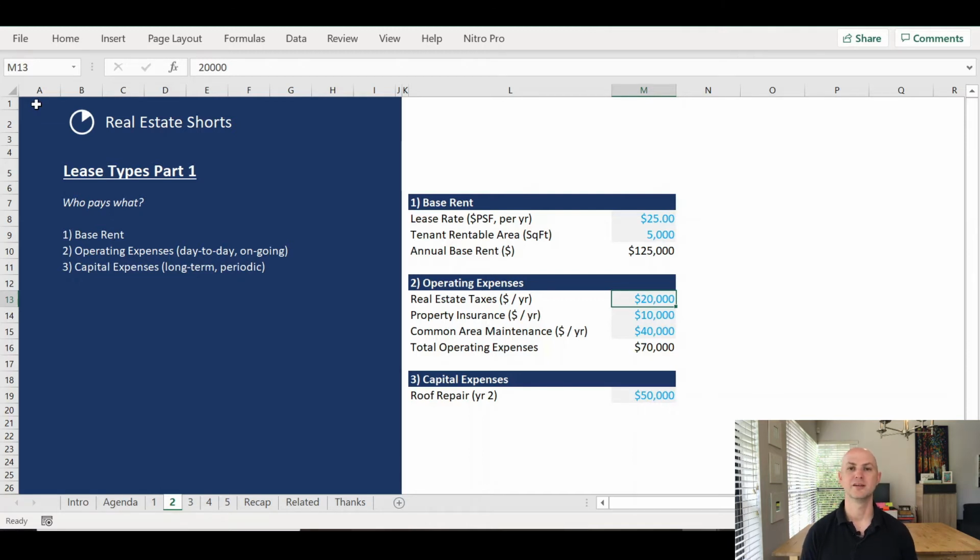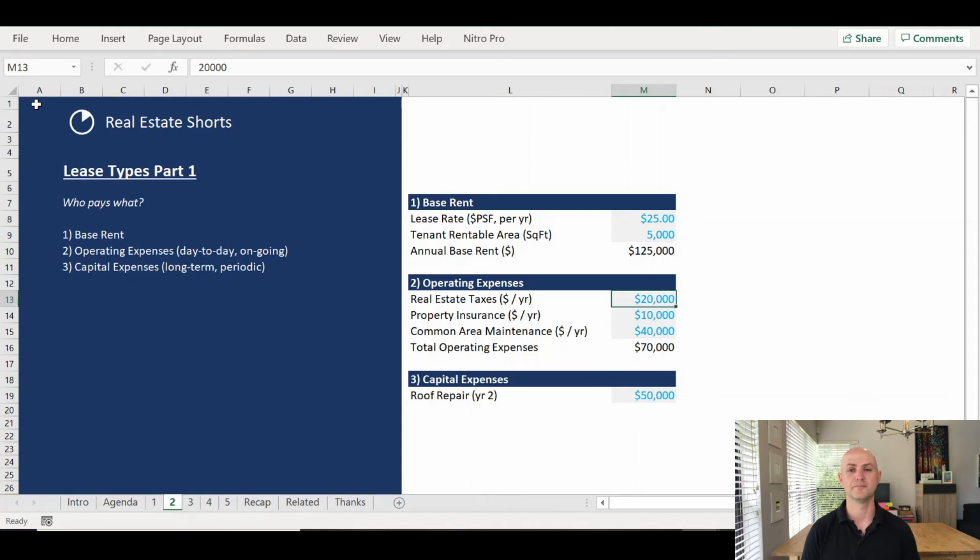Let's say, for example, the roof may need to be replaced at some point in the next 5 years. You don't really know when, and you may not have a firm estimate of how much, but at some point that cost will occur. So you could define that the tenant is responsible for paying the capital expense of roof replacement when that expense arises at some point in time.